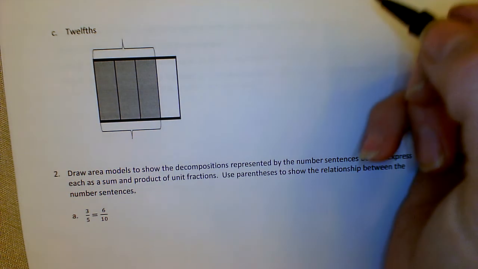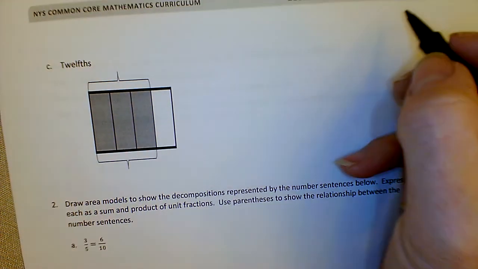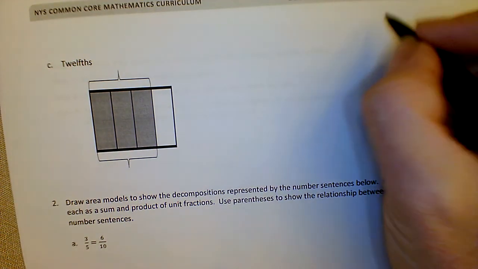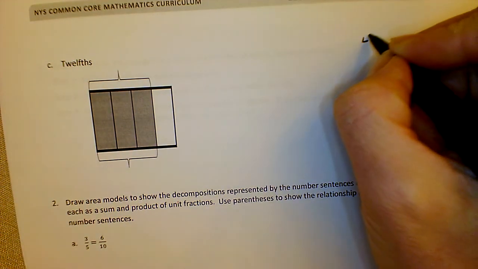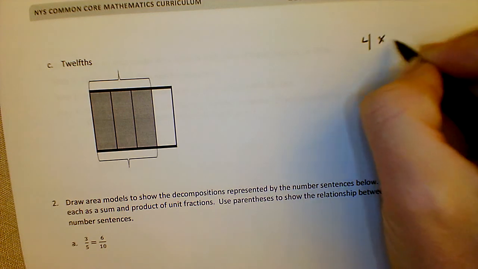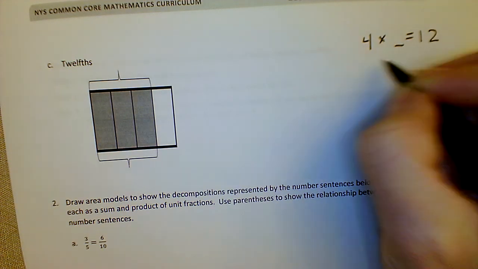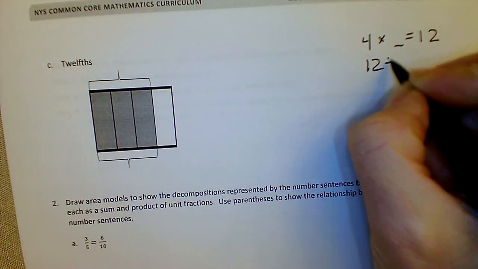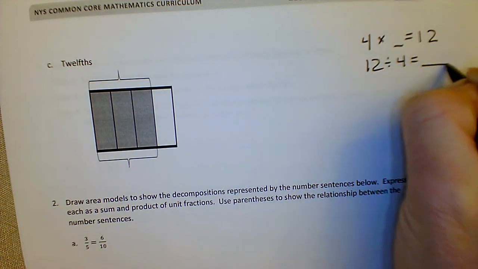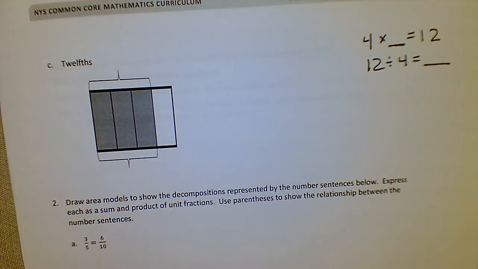I'm going to give you guys a little hint over here. So just remember, if I want to turn 4 into twelfths, 4 times what number is equal to 12, or 12 divided by 4 should give you that number. So that's your only hint that I'm going to give you for that one.